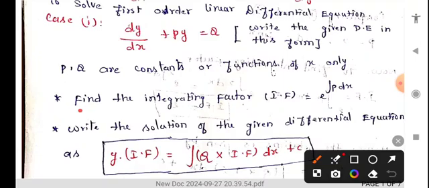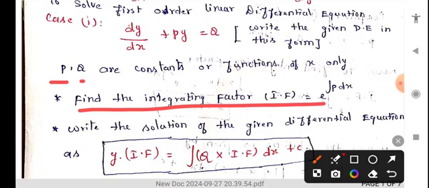Then we have to find the p and q values first, by comparing the given sum with the standard form.